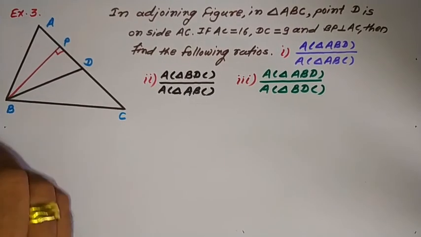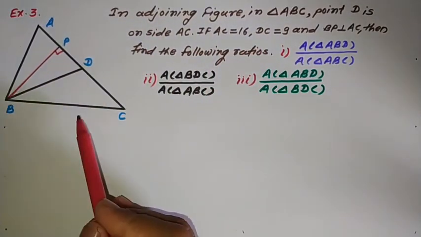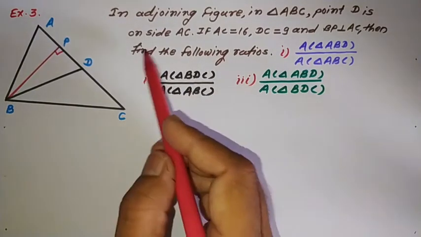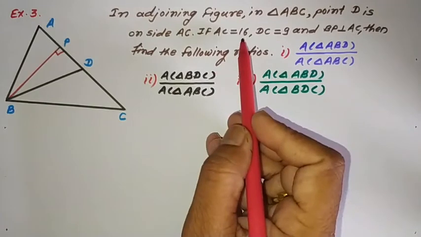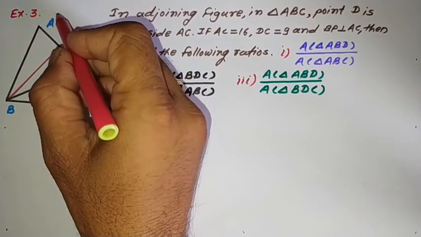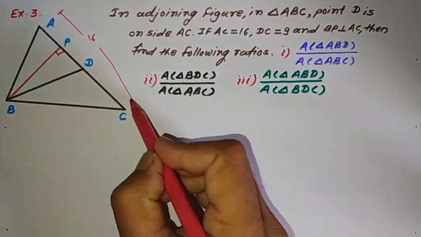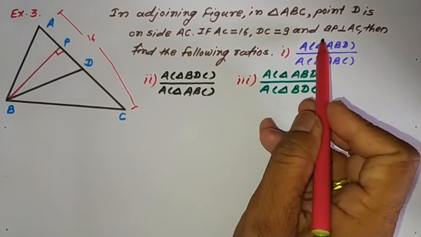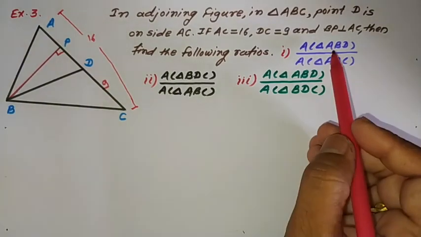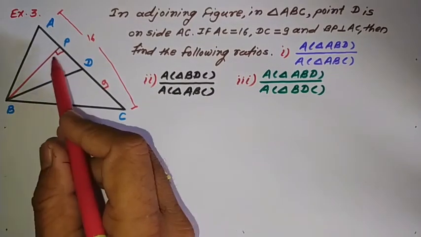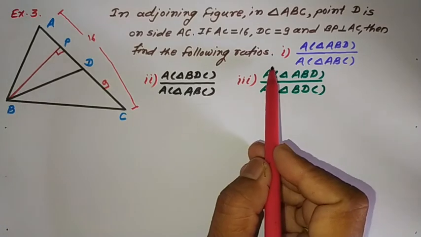Next, see example number 3. In the adjoining figure, in triangle ABC, point D is on side AC. If AC is equal to 16 and DC is 9, and segment BP is perpendicular to segment AC, then find the following ratios.